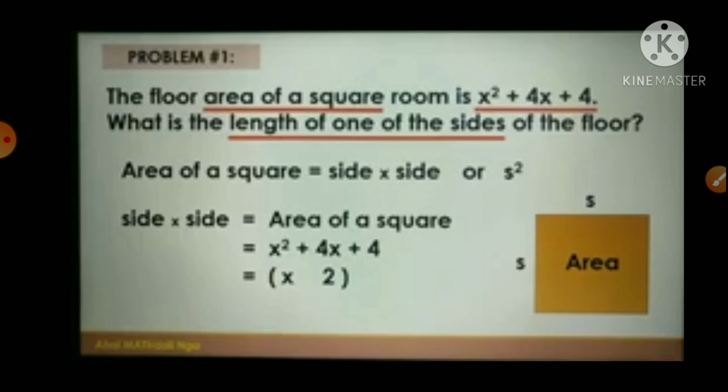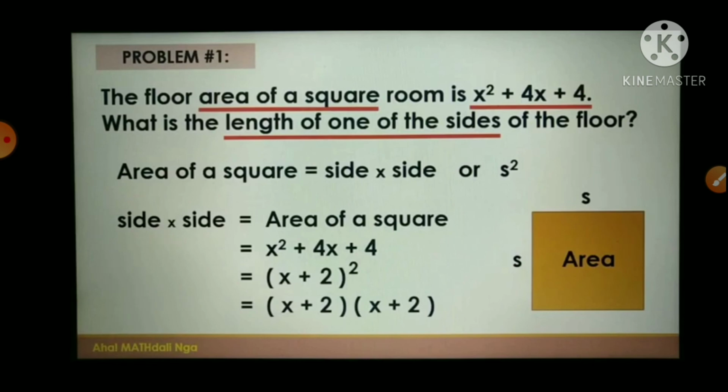Since the middle term of the trinomial is positive, this must be positive, then square the binomial factor. So the factors of x squared plus 4x plus 4 is the square of x plus 2, or the quantity x plus 2 times the quantity x plus 2.